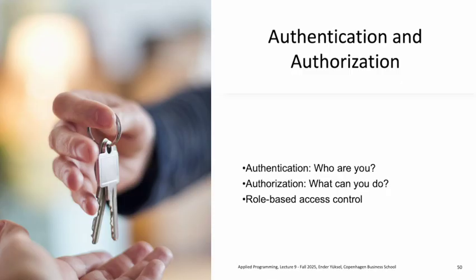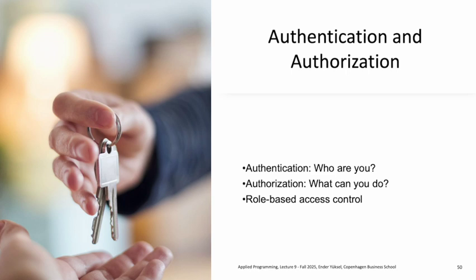ASP.NET Core supports role-based access control, which means you can assign roles to users and restrict access to certain parts of your application based on those roles. For example, you might have roles like admin, editor, and viewer, each with different permissions.